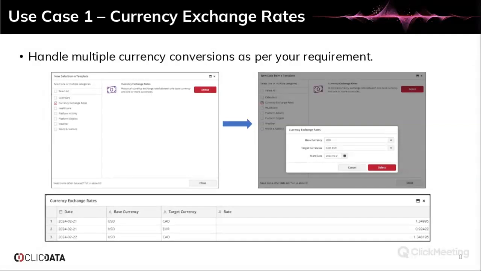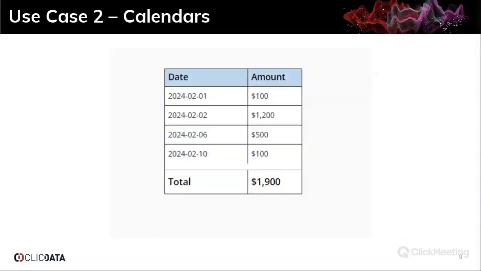Let's see another use case where we're using data templates, that is calendars. Let's take, for example, you have a dashboard where you're creating tables like a drill down table or a pivot table, whatever tables it is, and you have a date column that lists out all the dates, and then you have the appropriate columns next to it.